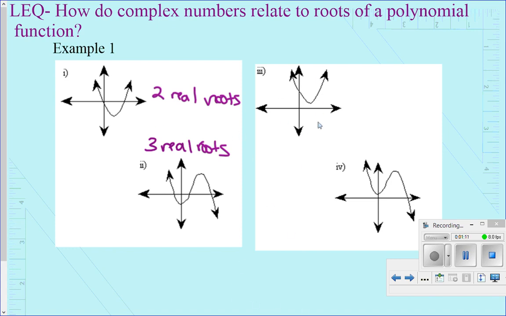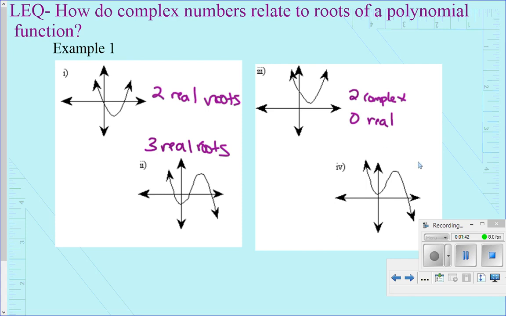Well, on the other hand, this one, even though it has the same shape, if I knew the equation for this parabola and I set it equal to 0 and solved for x, I would get 2 complex numbers. And we know that from the previous unit that would happen. And so because I'm getting 2 complex numbers, we don't see the parabola crossing the x-axis, which means that there are 2 complex roots. And there are 0 real roots.